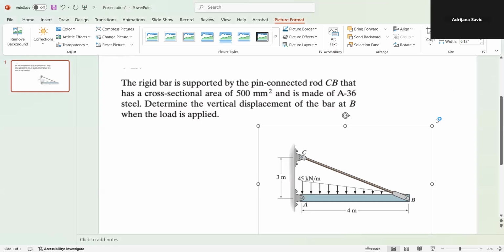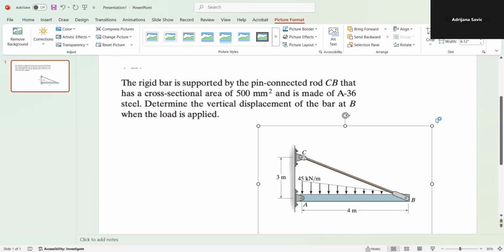Hi guys, today I want to cover displacement, the vertical displacement for this bar or for this system, and to explain to you again how to use the method of joints in order to determine the unknowns in this system.